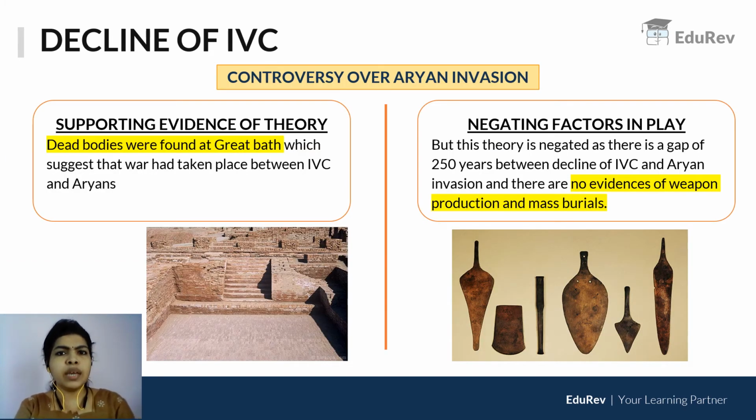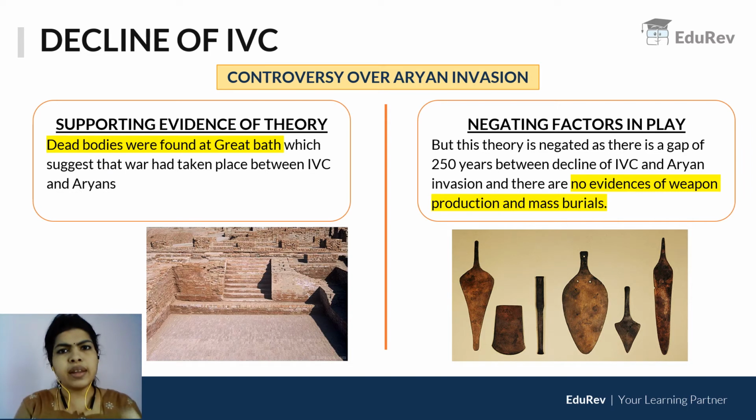Now let us try to look at each of the important reasons one by one. Now there are many views expressed by different historians. The major controversy is what is actually true, what is false. That is again not conclusively proved, and whether it ended suddenly or whether it ended gradually, that has also not yet been proved conclusively.